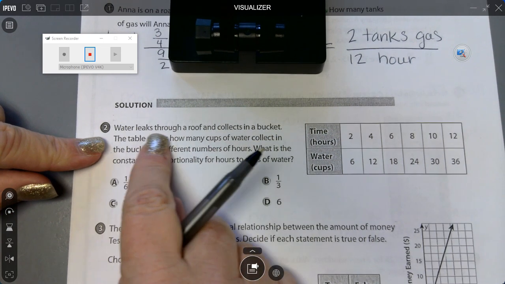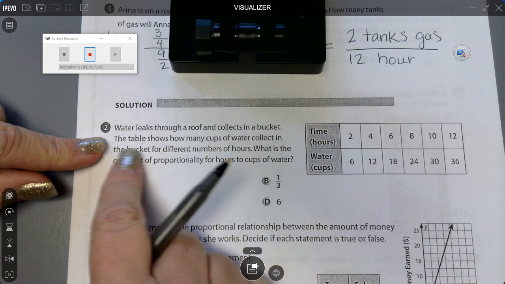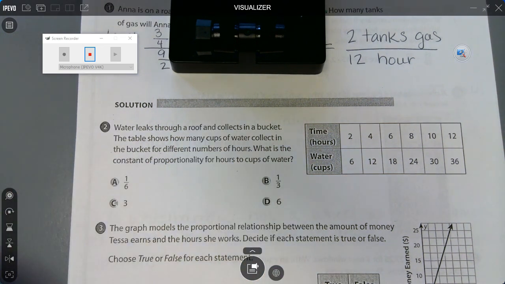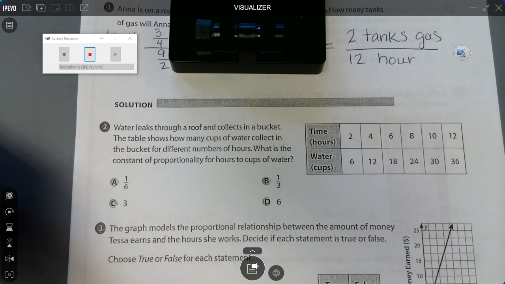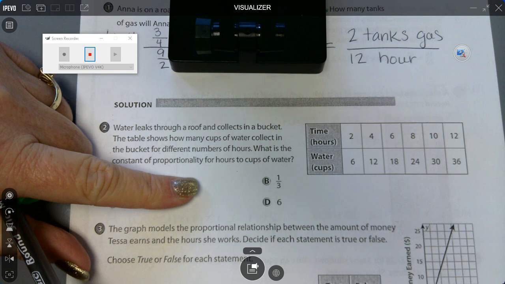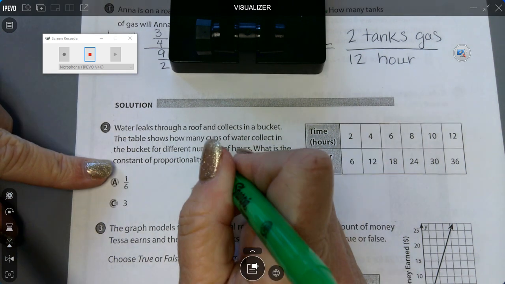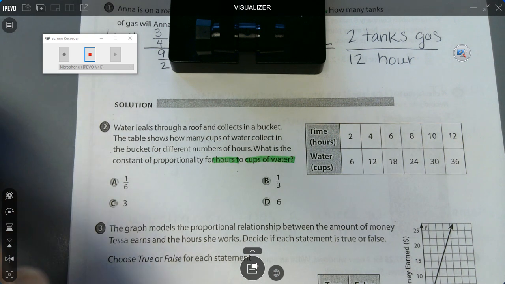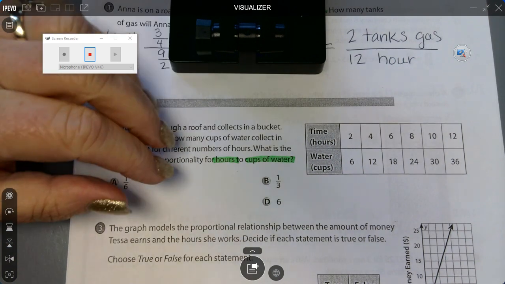The table shows how many cups of water collect in the bucket for a different number of hours. What is the constant of proportionality? Hold on. This is the important part, and this is where a lot of people made a mistake. It's hours to cups of water. It is important that you know how to set it up.